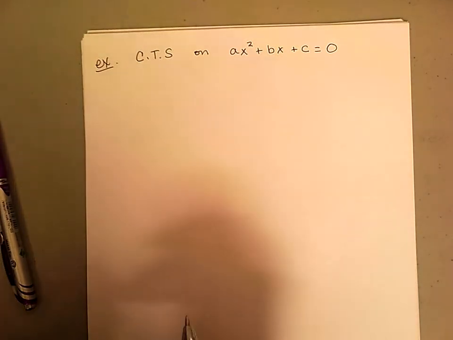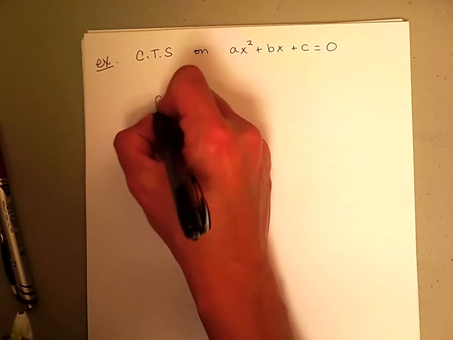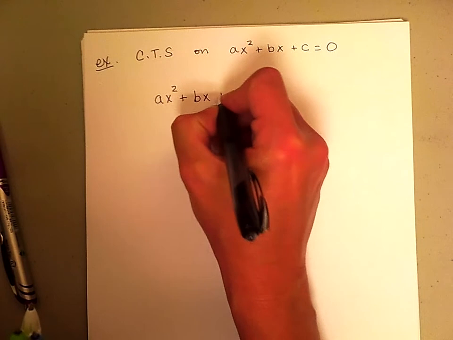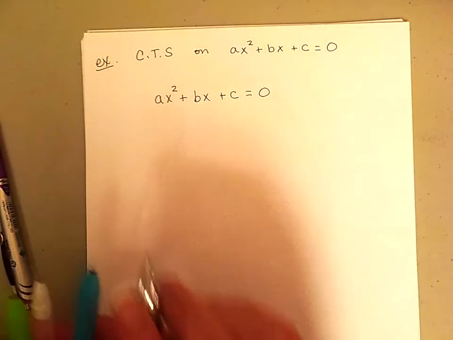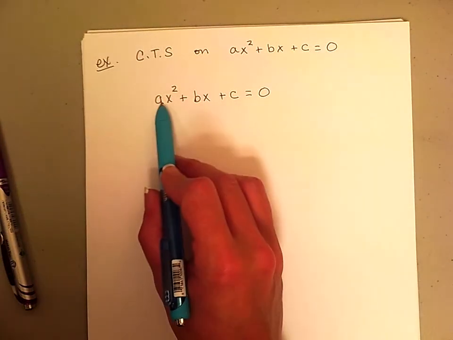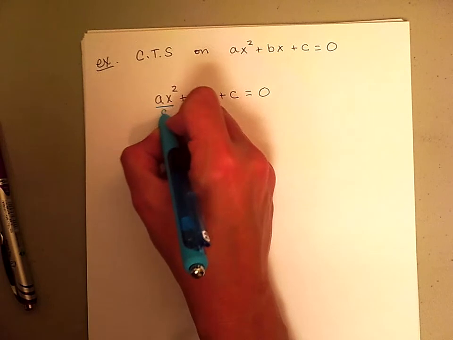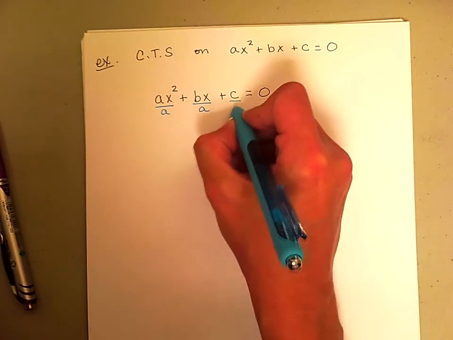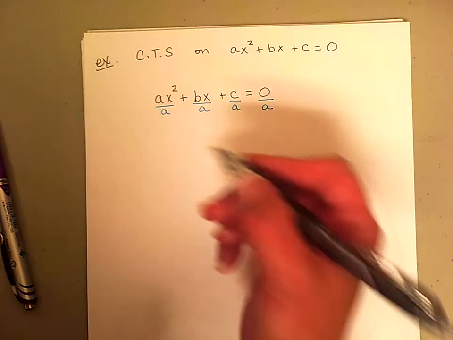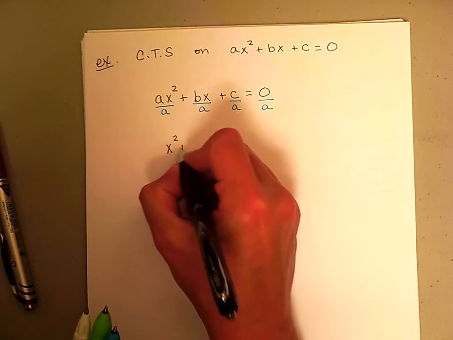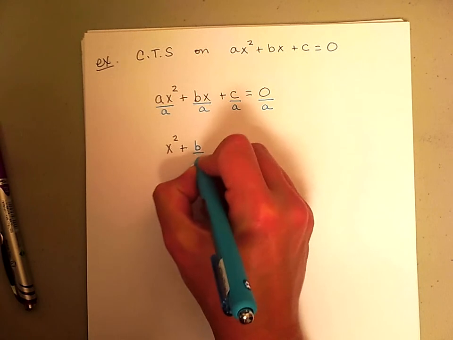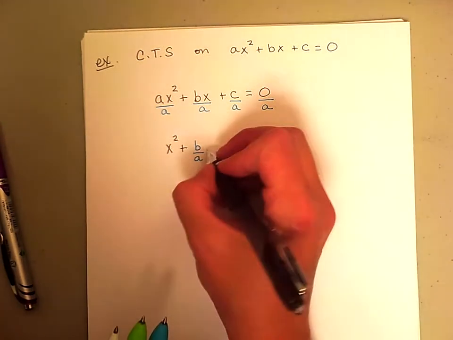Alright. Now, to complete the square, we need the leading coefficient, that is the coefficient on x squared, to be equal to 1. And in this case, it is not equal to 1. It's equal to a. But we can solve that by dividing everything by a. So now we have x squared plus, and I hope you'll agree with this, b divided by a times x.